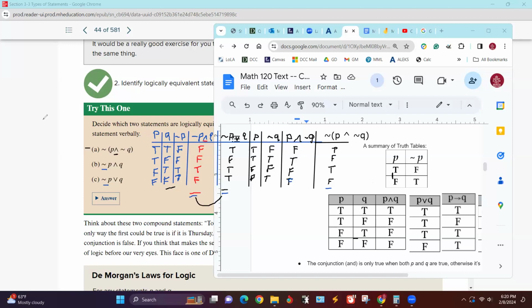All right. So that means this one here. So now, here we go. These two are equal. So let me write that right here.